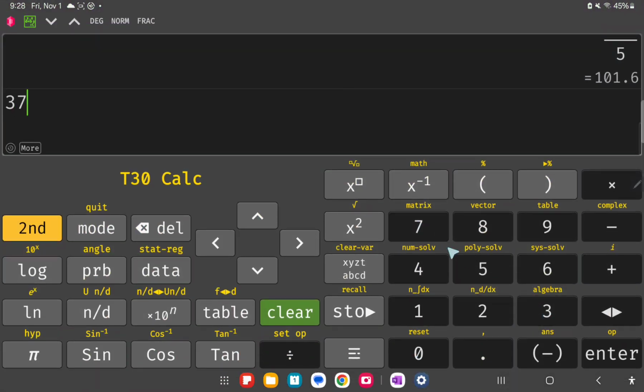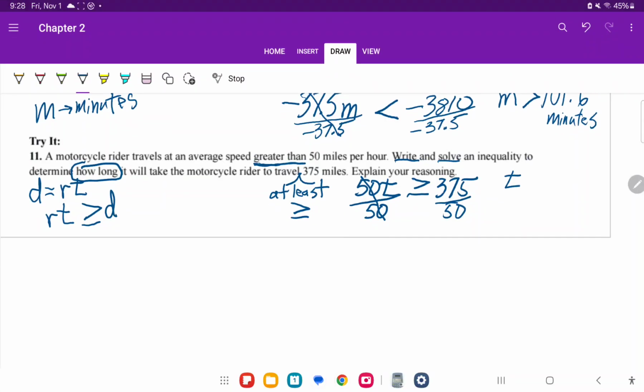All right, 375 divided by 50 equals 7.5. So the time would be greater than or equal to 7.5. So basically, that's 7.5 hours. Okay, great job.